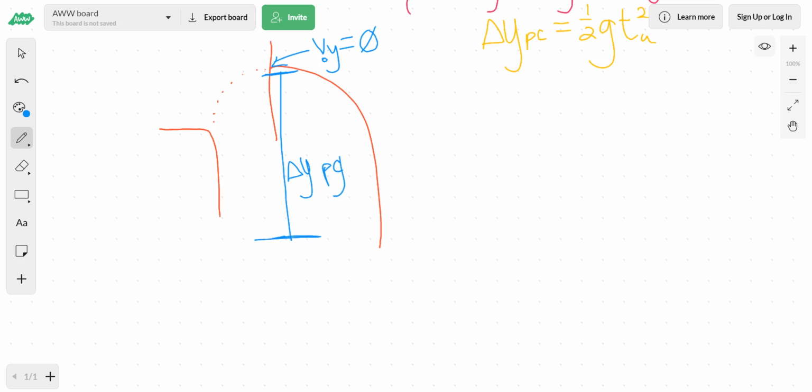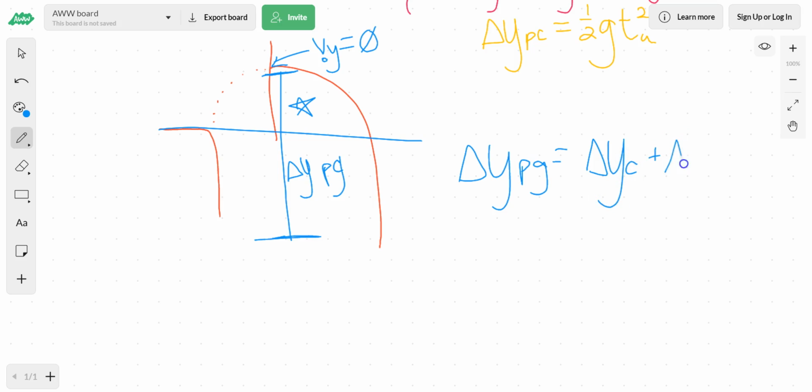What that tells you is not a ton of things, because not often are you given that value. But if you know the height of the cliff, and you calculated the delta y cliff to peak, which is here, that means you know delta y peak to ground. Because the basic formula for that is delta y cliff plus delta y cliff to peak.